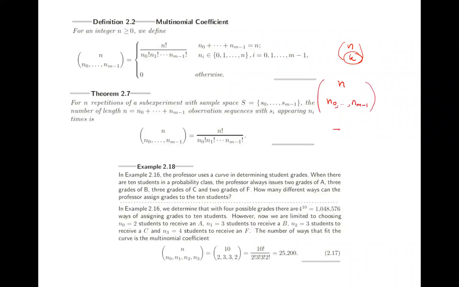This is equal to n factorial divided by n0 factorial, n1 factorial, and n m minus 1 factorial. So it's the multiplication of all the ni factorials. For n repetitions of a sub-experiment with sample space, the number of length-n observation sequences with Si appearing ni times is given with this formula.